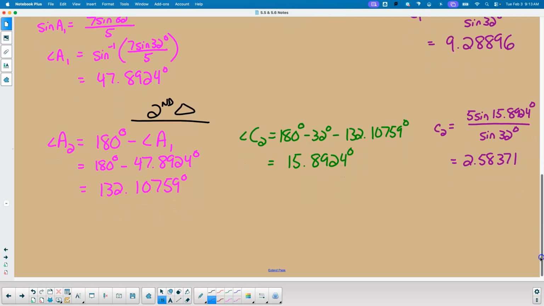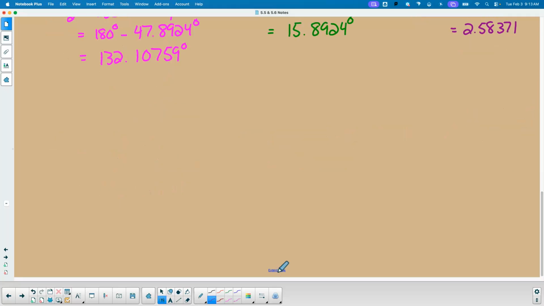So we started out with angle A was 32 degrees. Angle B, we started with angle B. Angle B was 32 degrees. Side B was 5.